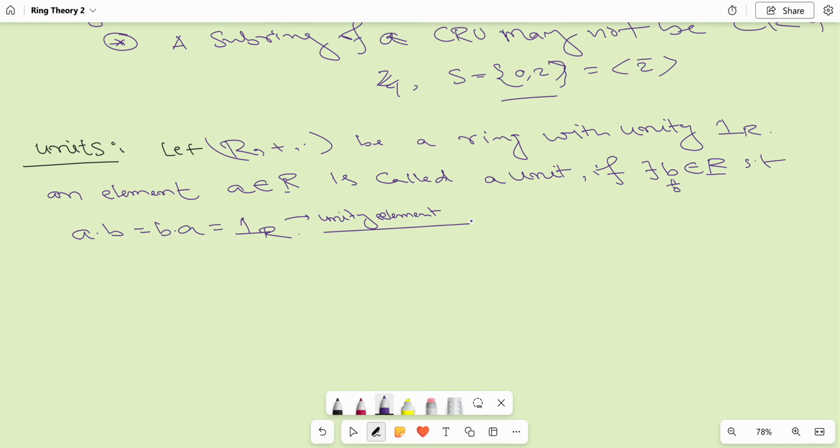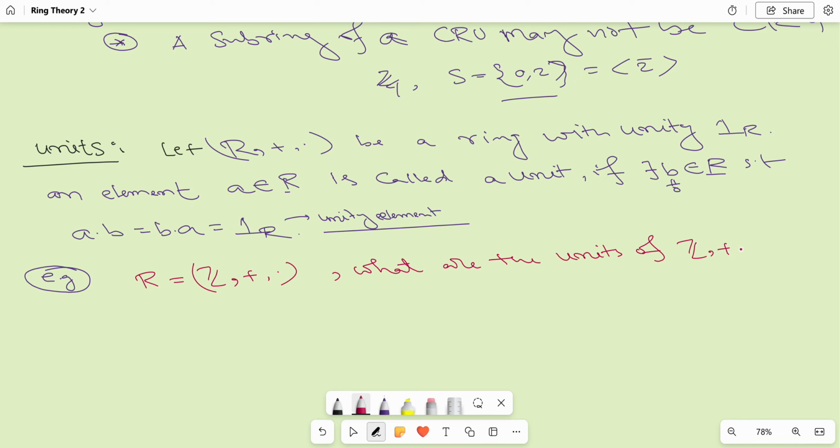So what are the examples of units? Let me give some examples. Suppose you have R equals Z, plus, dot. You know that Z, plus, dot is a ring. My question is, what are the units of Z, plus, dot?